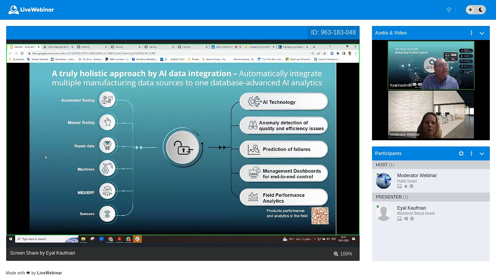All of these different data sources in different formats will be continuously collected in real time to a digital twin database, where it will be structured in one unified data format, and then the analytics algorithms, including AI algorithms like machine learning, will be super effective because they will connect between the cause and the root cause, the problem and the reason for that problem, and also predict what can go wrong. Okay, so this is a major issue here.